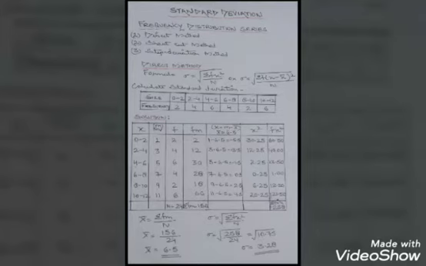Now what we are going to do is deduct the mean from the value of x. That means we are going to subtract the mean from the mid value. So our first mid value is 1, so 1 minus 6.5 comes to minus 5.5, then 3 minus 6.5 comes to minus 3.5, then 5 minus 6.5 comes to minus 1.5, 7 minus 6.5 comes to 0.5, and 9 minus 6.5 comes to plus 2.5, 11 minus 6.5 is equal to plus 4.5.